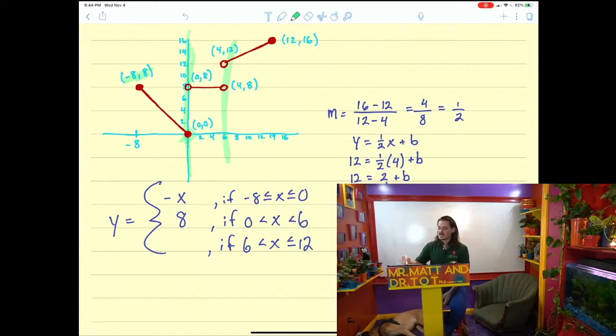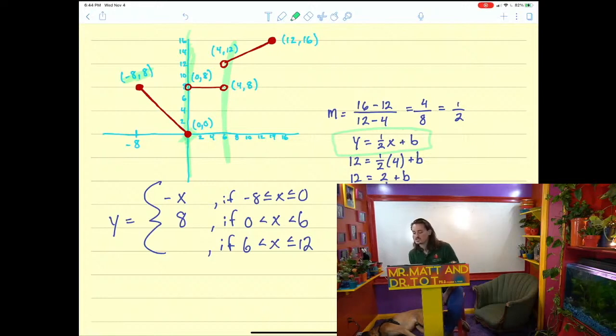Once I know that, I can plug it into the general form of y equals mx plus b, now that I know that m is equal to 1/2. So y must be equal to 1/2 x plus b, and then I can use any point on that line. I'm just going to use the point that has smaller coordinates, 4, 12.